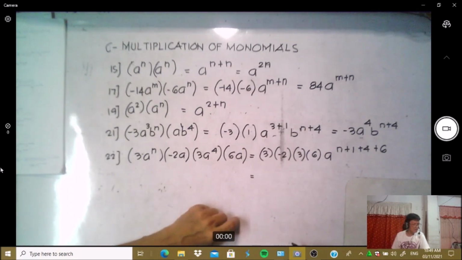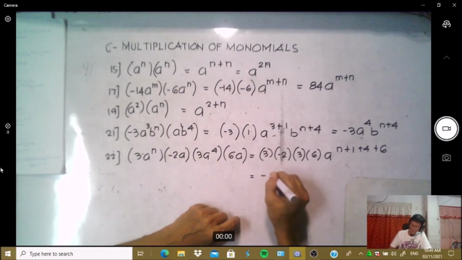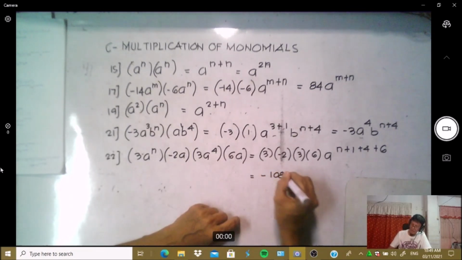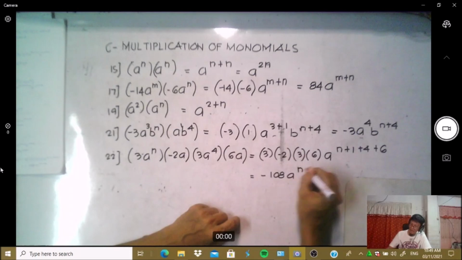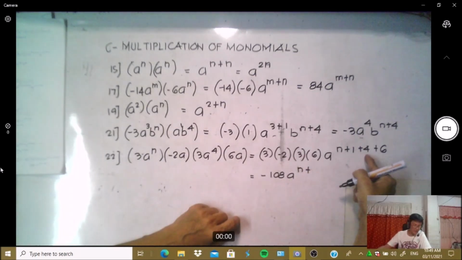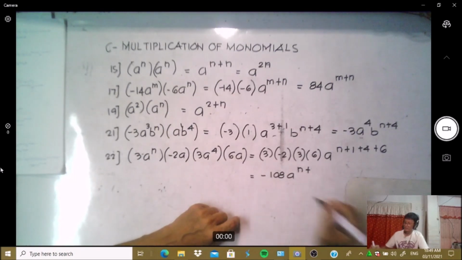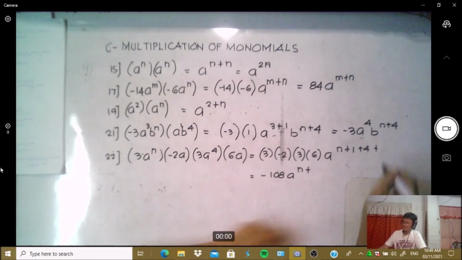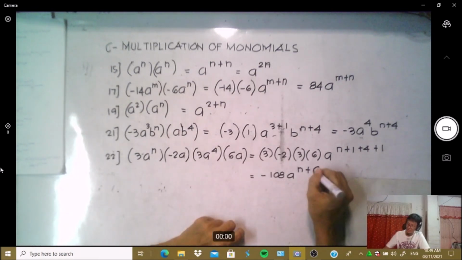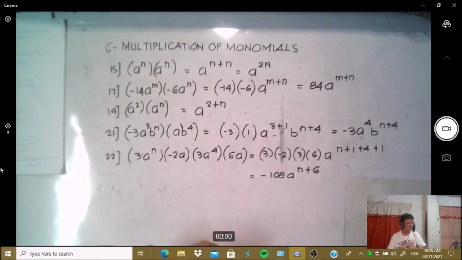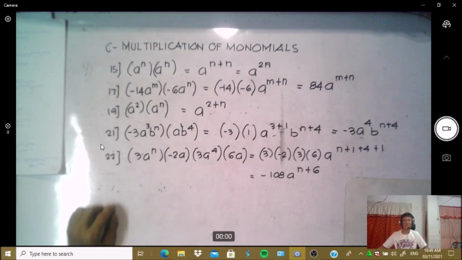And so that is equal to negative 108 a raised to n plus 1 plus 4 plus 6. So 1 plus 4, there should be 1 here. And this should be n plus 11. Okay. So that ends our topic in multiplication of monomial.